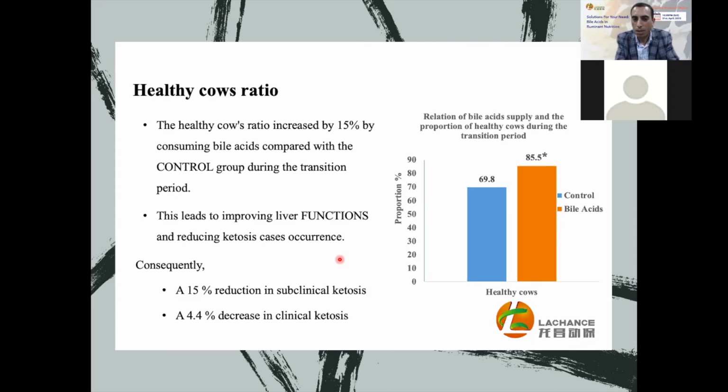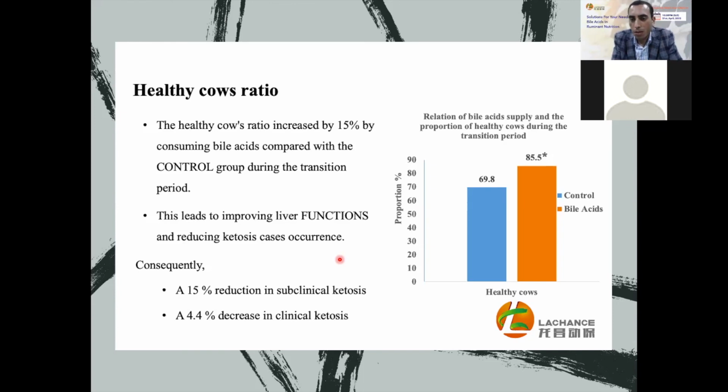So the only explanation is that bile acid improves the oxidation of non-esterified fatty acids in the liver by activating L-carnitine. The main function of L-carnitine is to transport free fatty acids from the cytosol to the mitochondria for oxidation. After oxidation, energy is produced. When the oxidation is not complete, it produces ketone bodies.